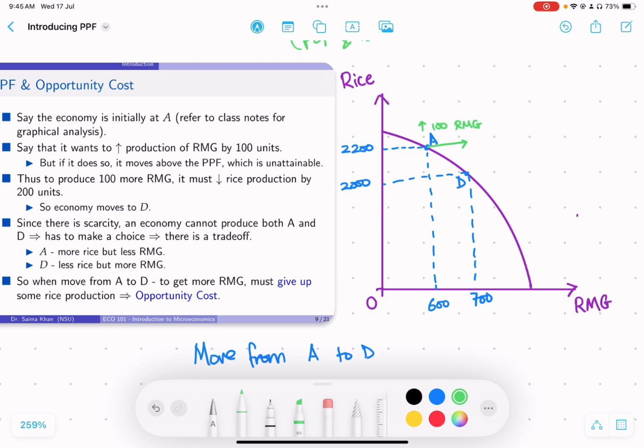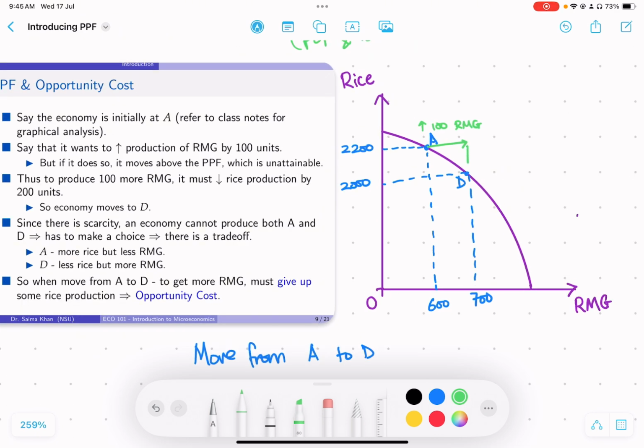Okay, everything is being utilized, everything is being used in the production of rice or RMG, so there are no unemployed resources just lying around there. So in this case, when the economy decides that it's going to produce more RMG, what needs to be done is resources that were being used for rice production now need to be shifted to the RMG sector. So that means the economy has to give up the production of rice to some extent.